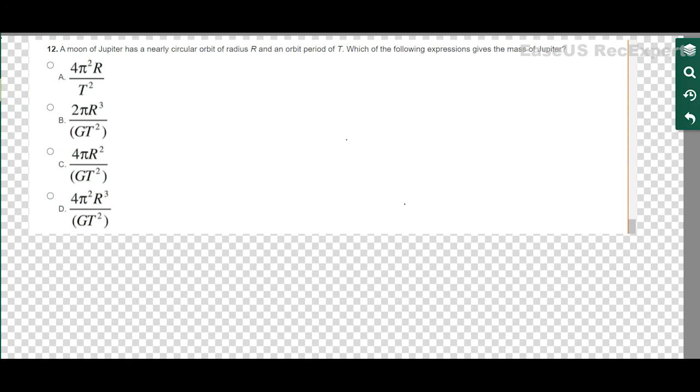So now what we can do is we can find the velocity, right? If we have Jupiter here, and we have the moons of Jupiter orbiting around it, and we have this radius of r. So we're trying to find distance over time, which gives you your velocity.